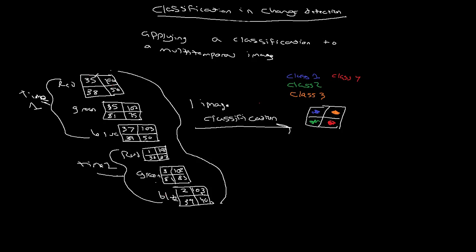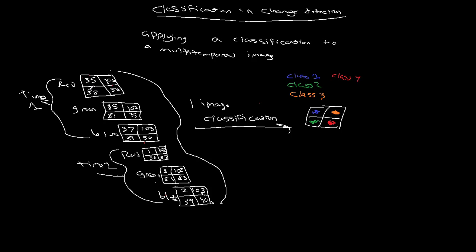And the classification algorithm is looking at not only time 1, but also time 2, and how the pixel values between the two time periods change. Because this pixel here has a very different spectral profile, again, that's the pixel values, not the spectral response curve. The pixel values are very different because time 2 is very different between this pixel, which is vegetation here, and this pixel, which is vegetation here.